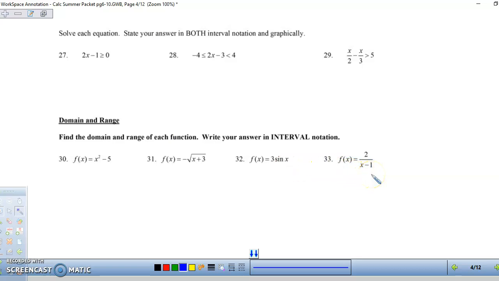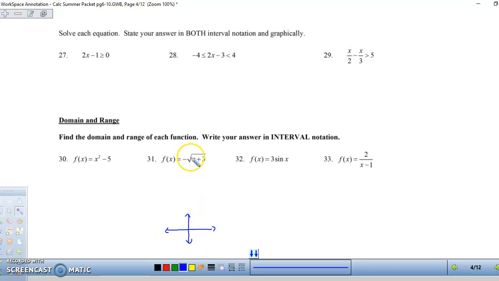And then 1 over x. These are all really, really key parent functions. Some other ones might be x to the third power is also a key one. But I'm going to go through this guy with you. So we're going to do domain and range. So looking at the graph for that is really helpful.